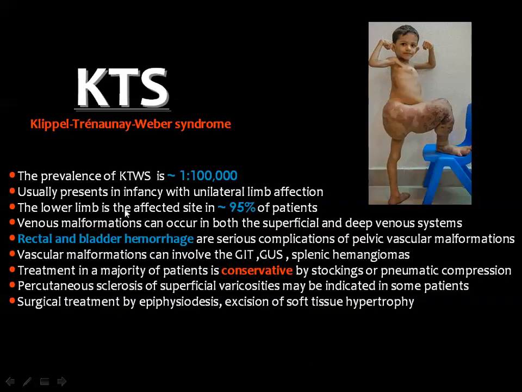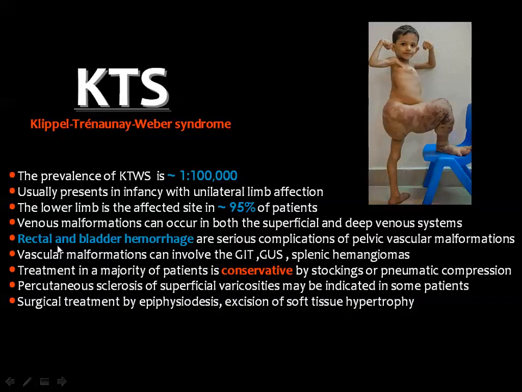The lower limb is affected in about 95% of the cases, and there is a significant enlargement of the affected limb, and there may be skin pigmentations, as you can see here. And if you have imaging, you will see some vascular abnormalities, as I will show to you.